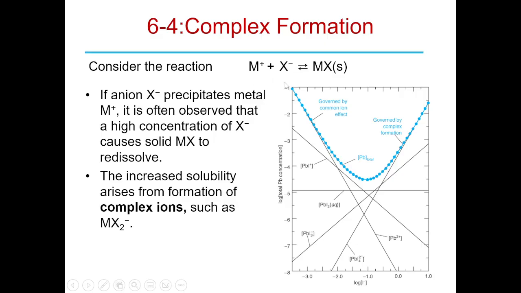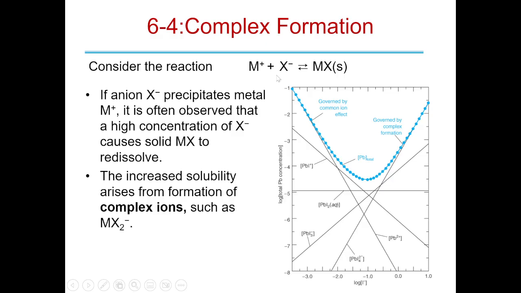So if we have a high concentration of the anion, this is going to cause a lot of the MX to become solid. And this would have to dissolve a lot to become equilibrium again, right? Reestablish equilibrium. So the increased solubility is going to arise from the formation of complex ions like MX2-.